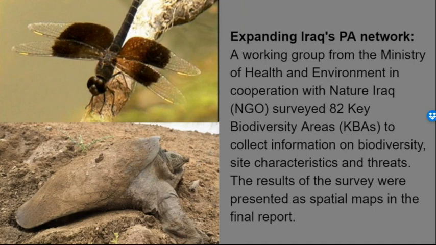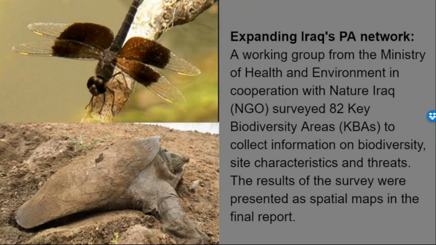A large project that was undertaken and written up in 2017 was focused on a biodiversity survey of Iraq, which identified 82 key biodiversity areas. Key biodiversity areas is a formal process that identifies areas with high amounts of biodiversity and focuses on particular species and species groups.